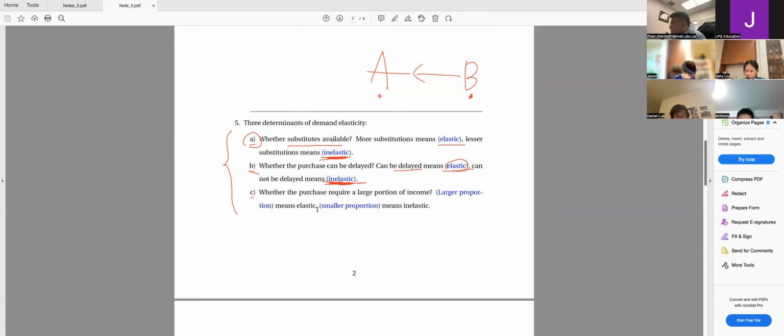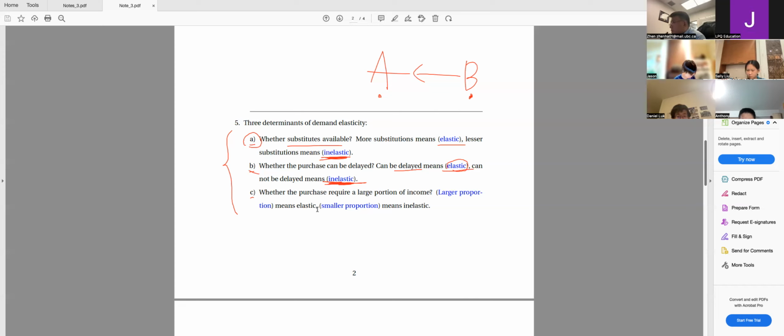Or last one, the last factor: whether the purchase requires a larger proportion of your income. So be careful here. I'm not talking about the absolute level of a price. I'm talking about the percentage your purchase takes up of your total income. For example, people care about how the housing market will change in Vancouver, right?